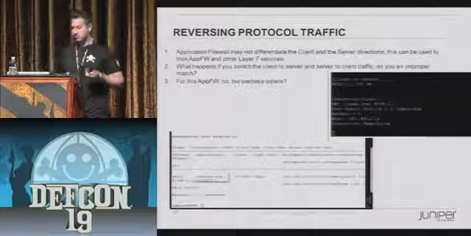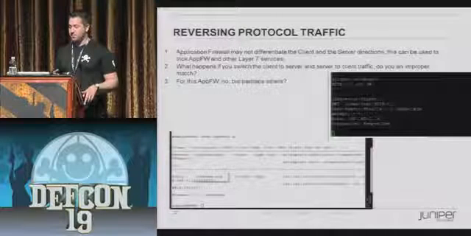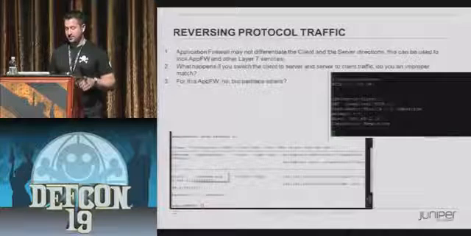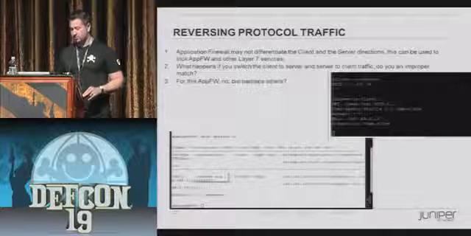Also, what happens if you reverse the direction? Again, this is more of an evasion, and not something that a normal application would do, but something that I did have some luck with on some different network application firewall implementations.